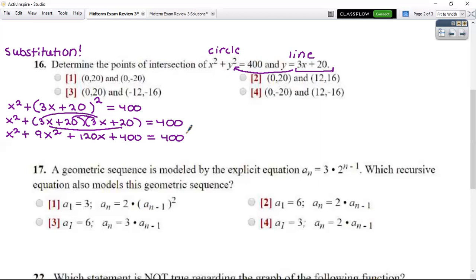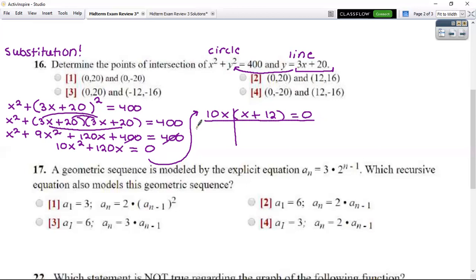What happens with the 400s? Yeah, those are gone. That's nice. So I really have here 10x squared plus 120x equals 0, and I'm going to GCF. So I'm going to remove a 10x, leaving me with x plus 12 equals 0. And now you're going to generate the two solutions that represent your points of intersection.